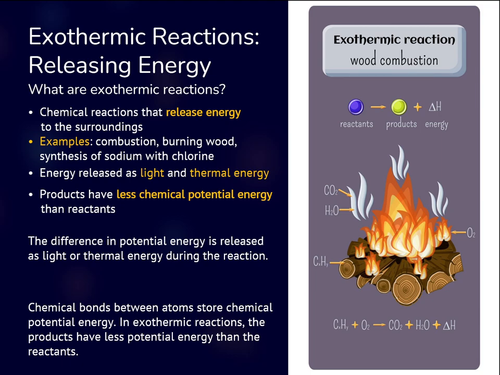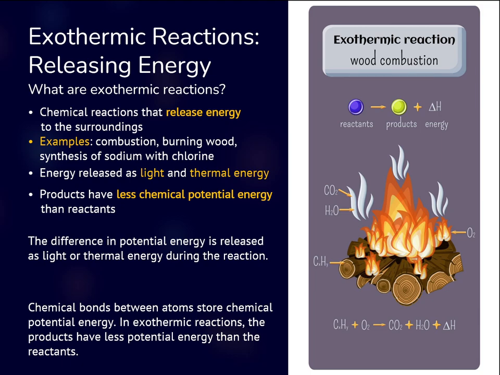Some examples include combustion reactions, like burning wood, or fireworks, like we just mentioned. The synthesis of sodium metal and chlorine gas into table salt, which is NaCl, and burning fuels like methane or propane, are all examples of exothermic reactions.